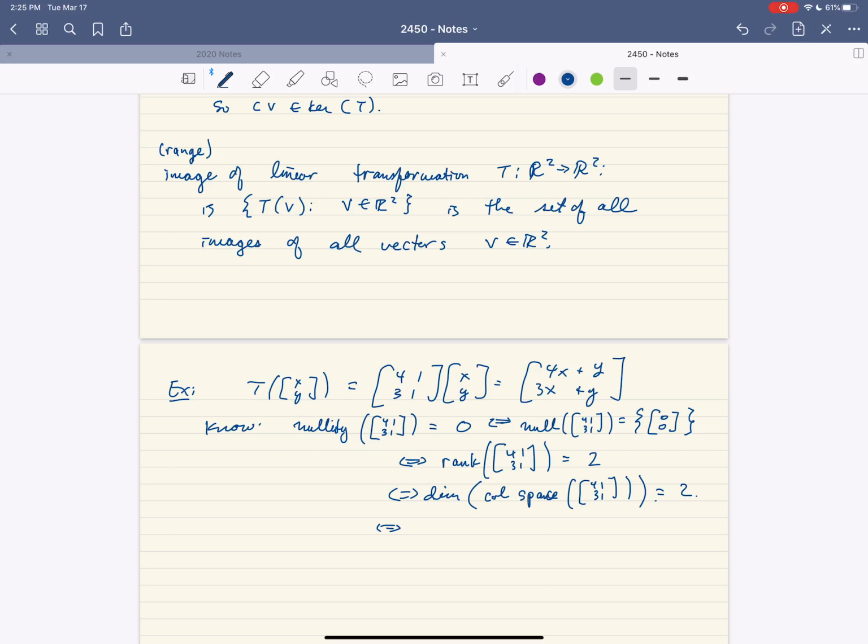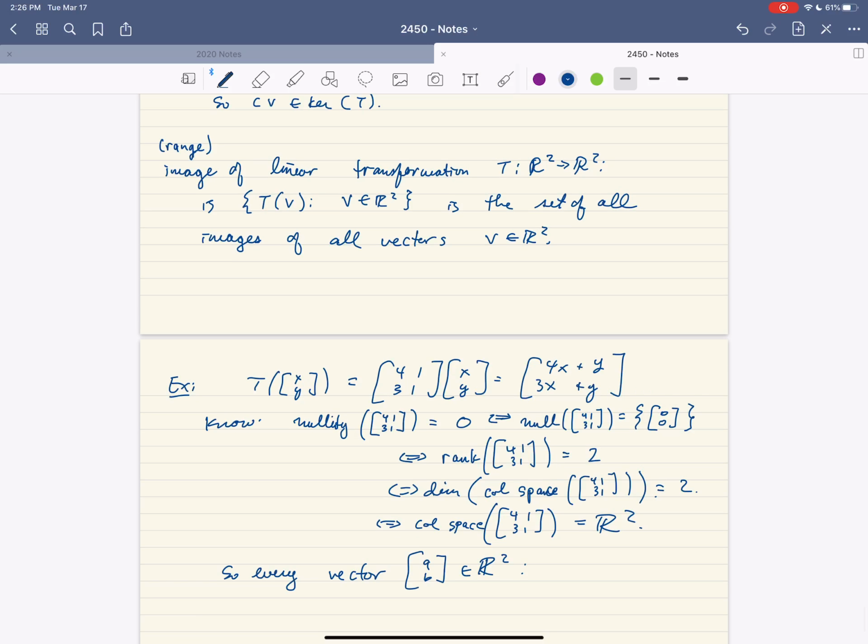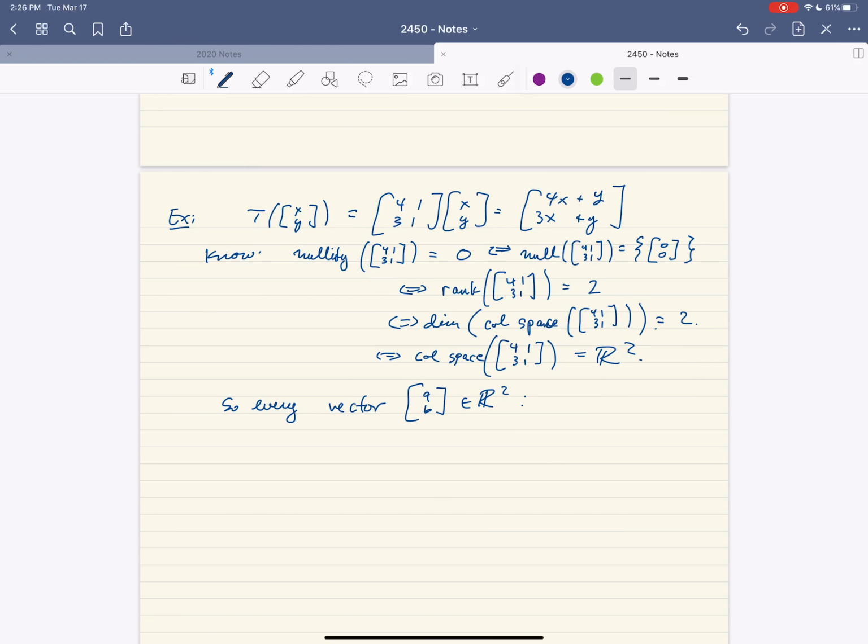This means that the column space of our matrix 4, 1, 3, 1 is R2. It's everything in R2. So that means that every vector, say A, B, in R2 is in the span of the columns.